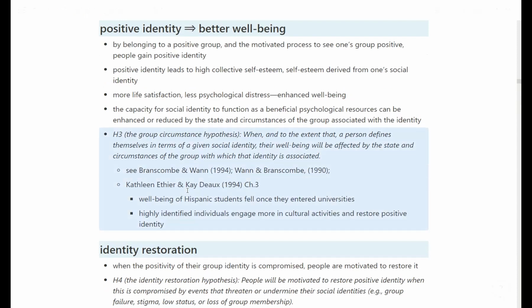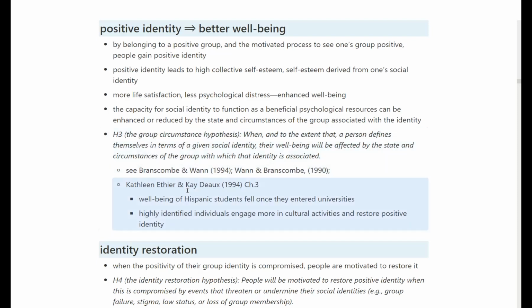So I talked about hypothesis 3, the group circumstance hypothesis: when and to the extent that a person defines themselves in terms of a given social identity, their well-being will be affected by the state and circumstances of the group with which that identity is associated. So if the identity is associated with a low status group, then their well-being will be affected by such status and circumstances.